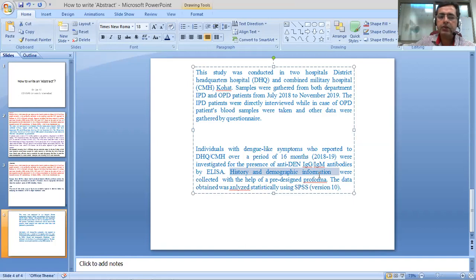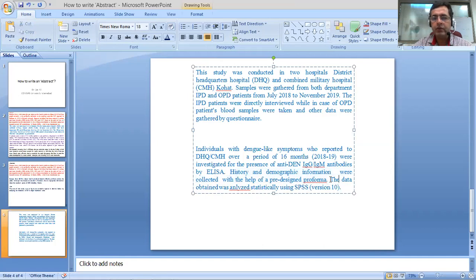So in that case, you have to give this information here in the abstract, that you took the history in case of all the patients, and you collected this demographic information. For that purpose you had designed a proforma. That's why you have to mention it very clearly here.